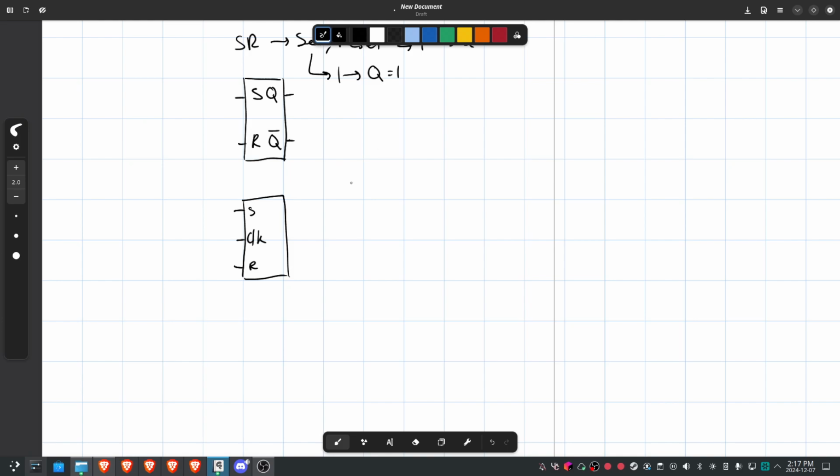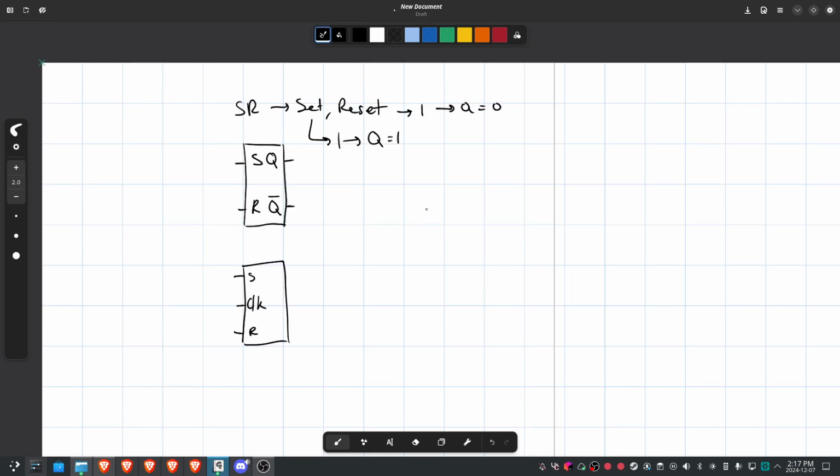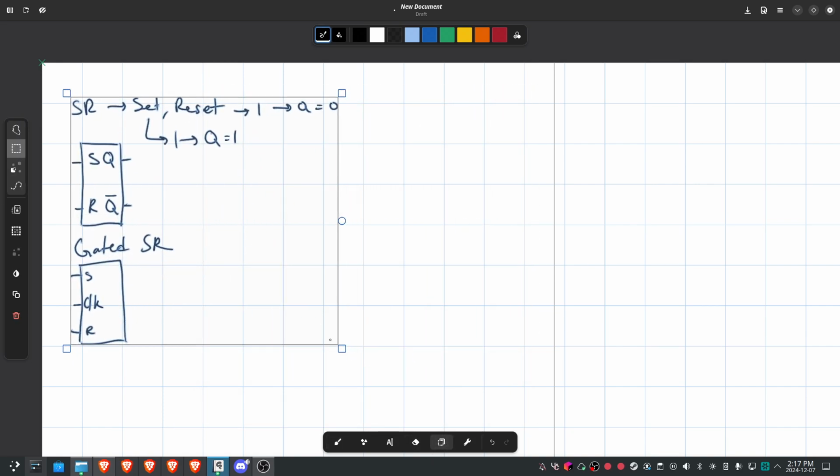And so this acts the exact same way as the SR. The only difference is that nothing will change until clock turns on. So this is the clock gated SR. Set, reset. It's in the name, right?